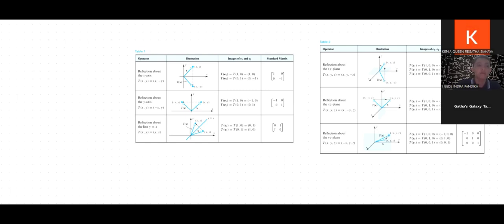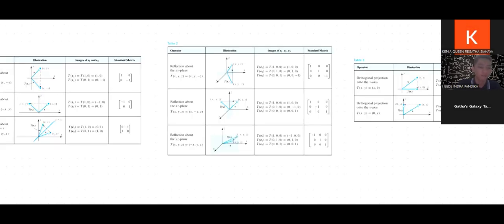First we have the reflection about the xy plane. The general equation is T(x, y, z) = (x, y, -z). So here we have to change the value of z.